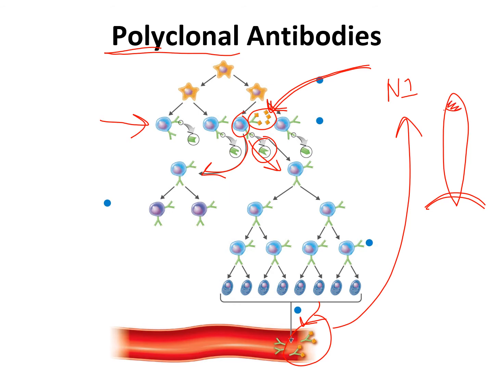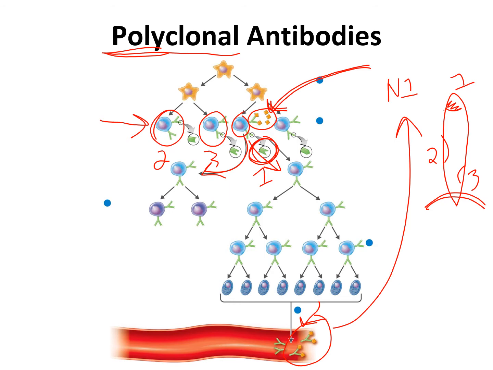This could be epitope 1, this could be epitope 2, and this area could be epitope 3. Remember, every antigen has several epitopes. So this B cell could be responding to epitope 1, this B cell may be responding to epitope 2, and this B cell may be responding to epitope 3. So you have 3 clones in this example producing antibodies to this particular antigen.